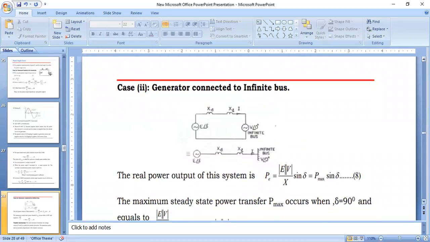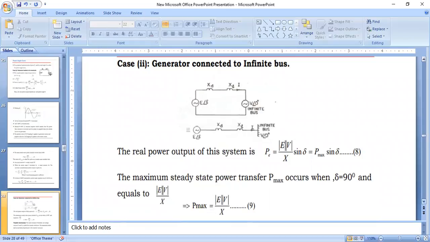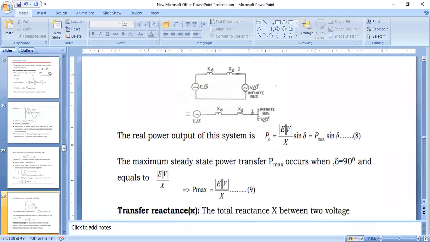Let us take case 2, when the generator is connected to an infinite bus. See, this is the figure which represents the generator connected to an infinite bus. The real power output of this system is PE = |E||V|/X sin δ = P maximum sin δ.